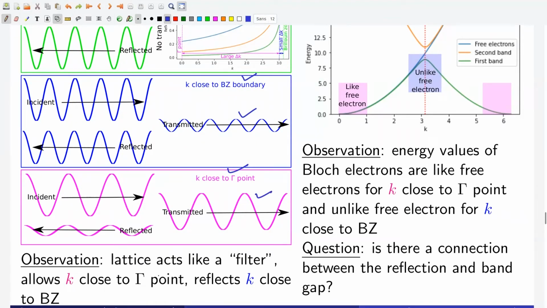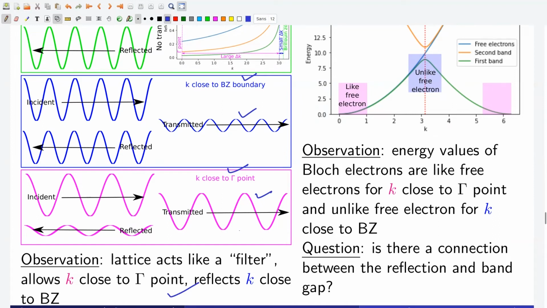In conclusion, the lattice acts like a filter, allowing Bloch electrons having K close to the gamma point to pass and not letting Bloch electrons having K close to the Brillouin zone boundary. Thus, Bloch electrons with K close to the gamma point are more like free electrons.